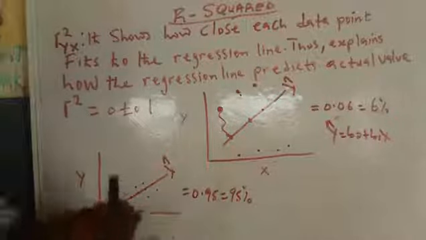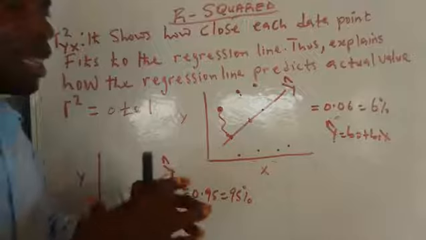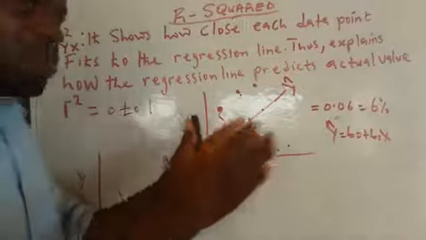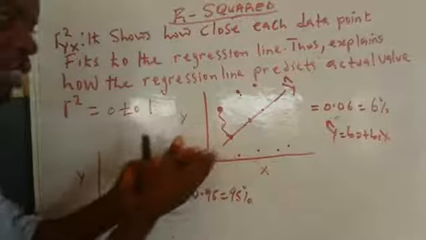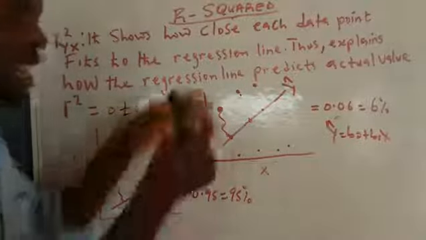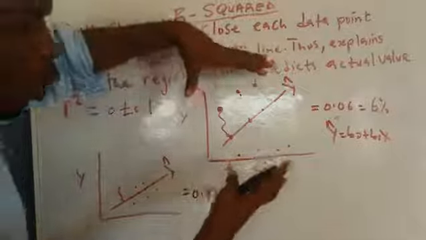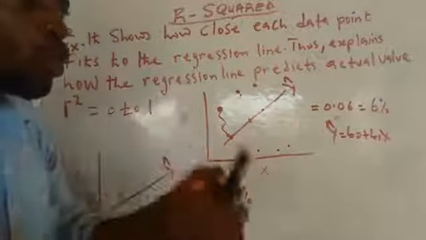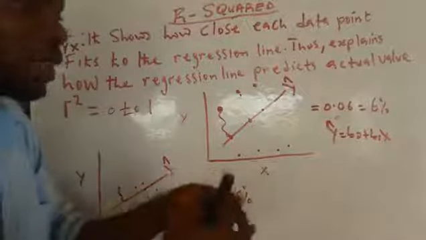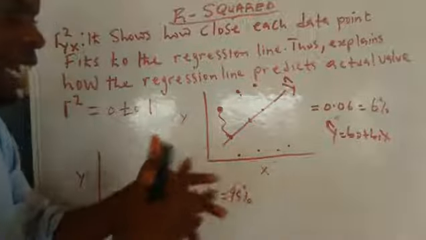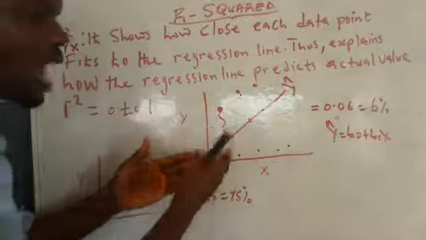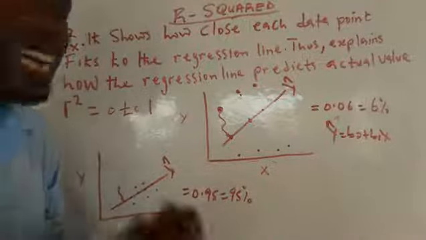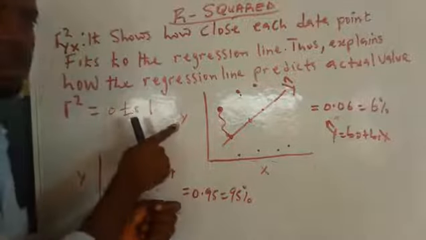Now, the closer the data point to the regression line, the better the goodness of fit of the regression line. If the data points are close to the regression line, it means they are going to be very good to predict, because the regression line is able to capture a lot of the characters of the y.